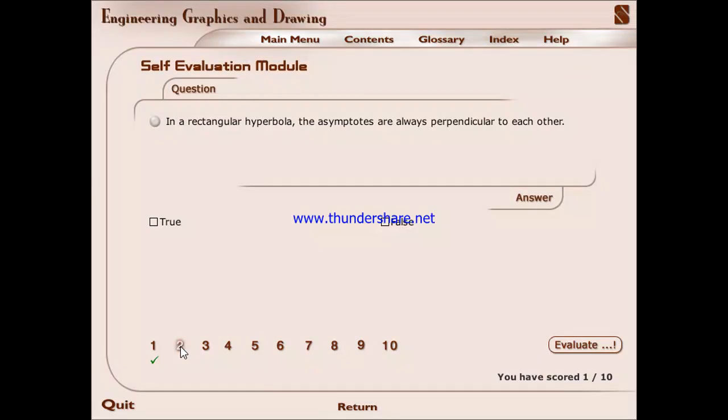In a rectangular hyperbola, these asymptotes are always perpendicular to each other. So the answer is true. It is correct.